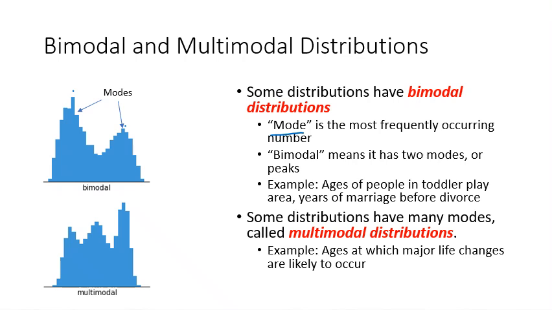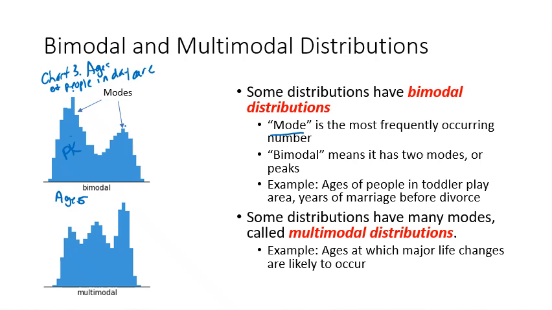So for example, maybe this data would represent, let's write chart 3, ages of people in a daycare center. And so ages would be along here, and we might have a lot of people in the preschool category.